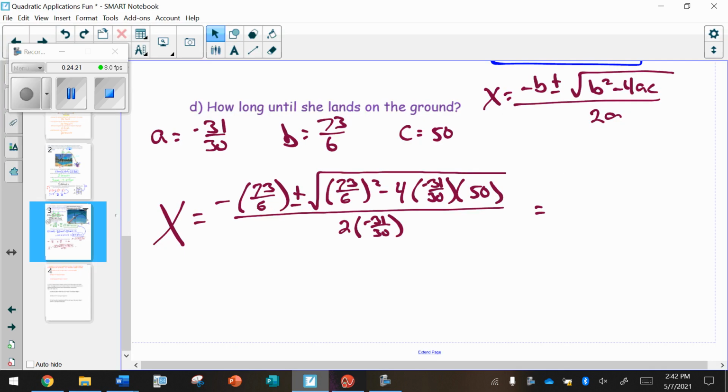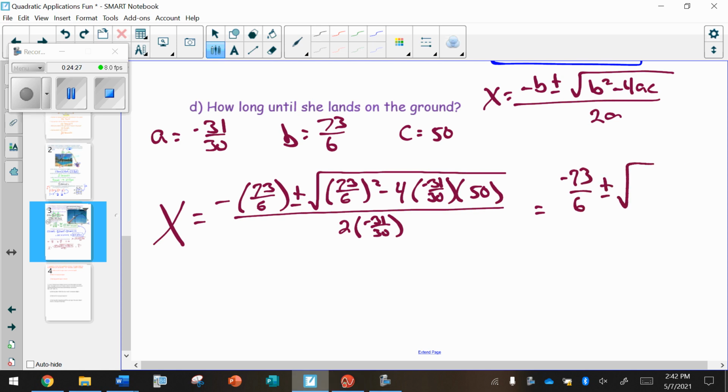So I still have the negative 73/6 plus or minus the square root of 12769 over 36. And then the denominator, 2 times negative 31/30ths would be negative 62/30ths.